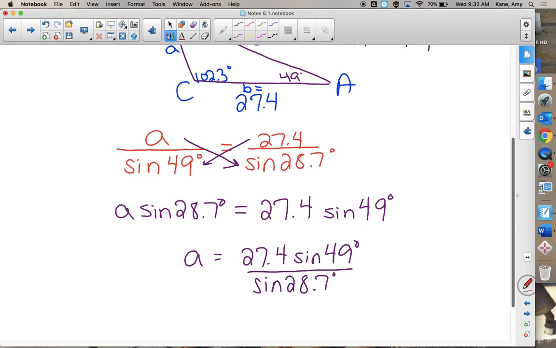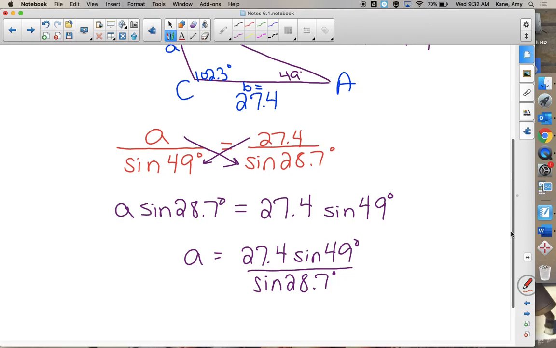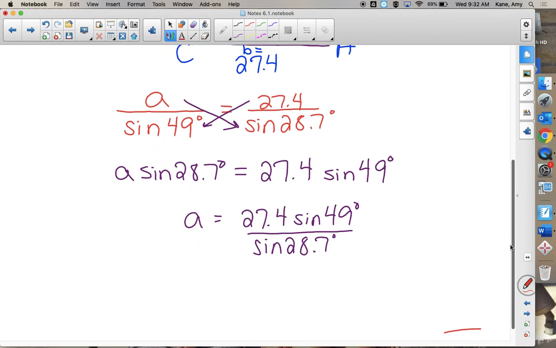28.7. So in your calculator, do not round any little piece. So you're going to plug in 27.4 sine 49. Make sure your calculator's back in degrees. You're dividing that by the sine of 28.7. Carrie, what'd you get?